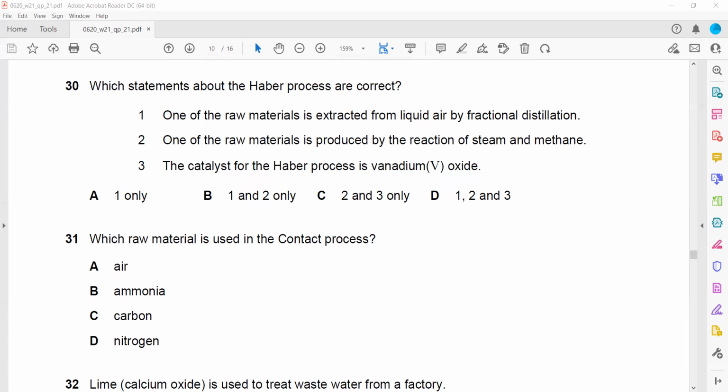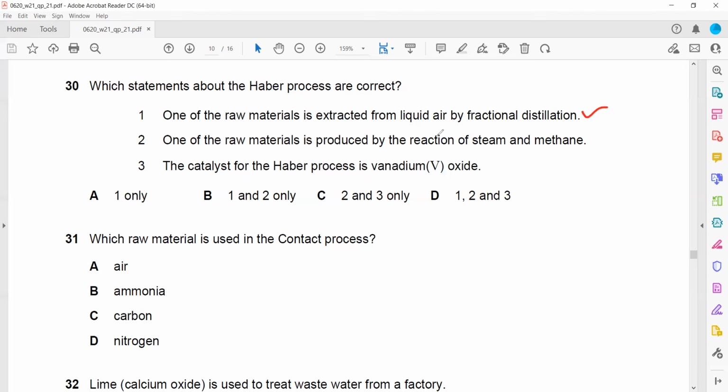And one of the raw materials, nitrogen, we are extracting from air. So this statement is correct, and that by fractional distillation is also true.